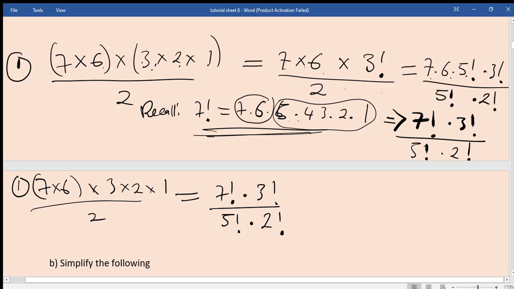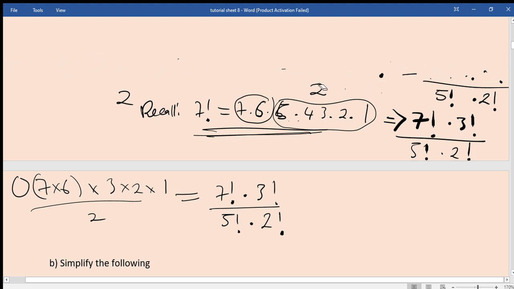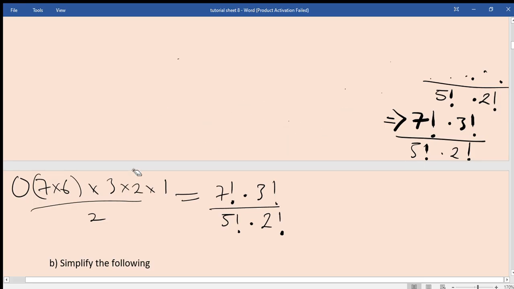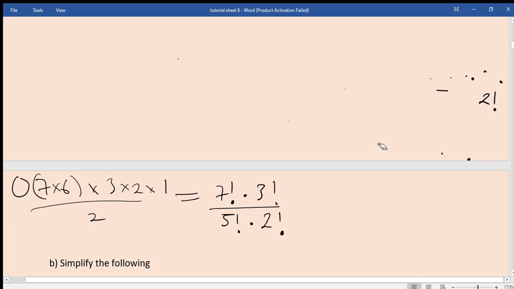Okay, now let's look at the second part. I'm going to delete this so that we can now look at the second part. The second part says write in factorial notation: 49 multiplied by 35 divided by 2 multiplied by 1.